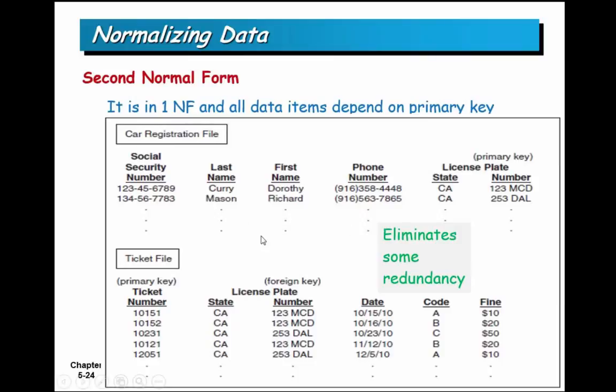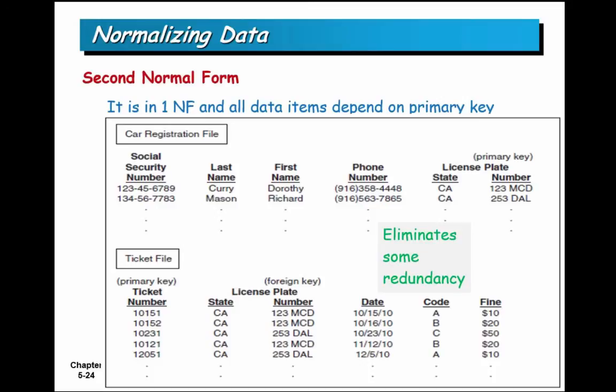So let's see what we can do. Let's create 2 tables. Let's create kind of the person table, the car registration table. See here it says that it's actually registered by its license plate number, not by Social Security. It doesn't change anything. And then you have a ticket. You have the ticket number.